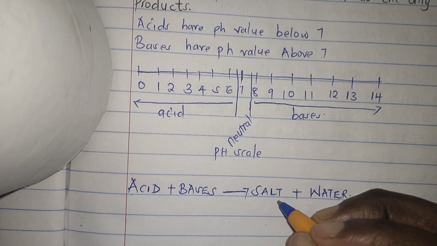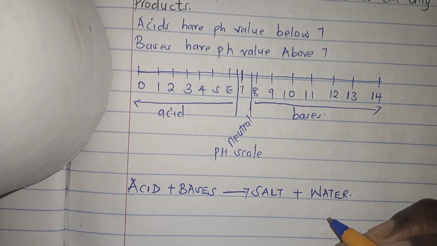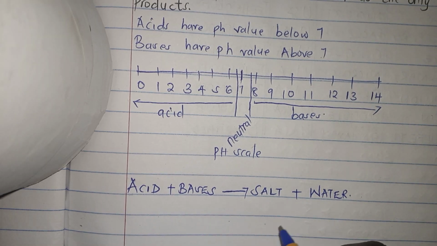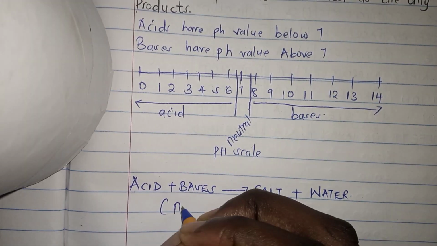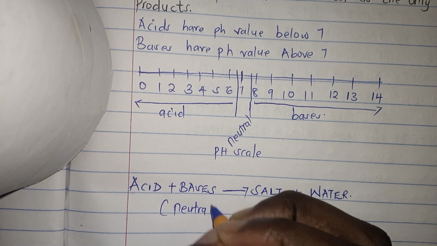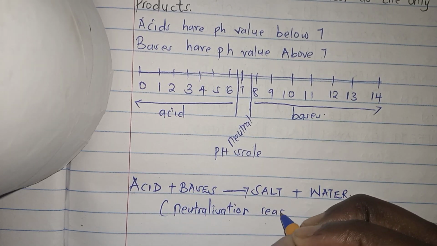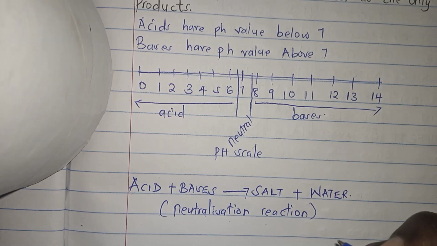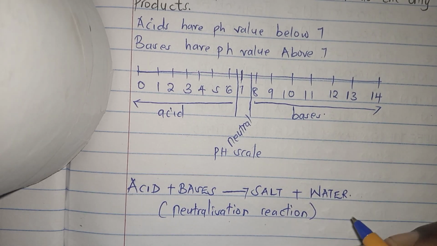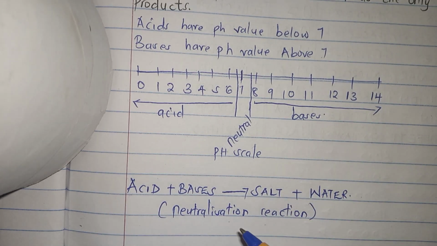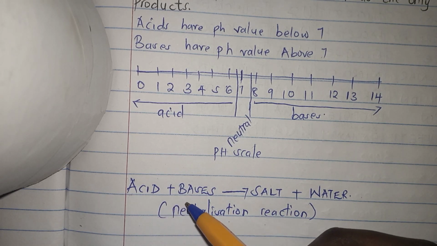A salt and water are neutral products, hence the reaction is referred to as a neutralization reaction. Salt and water are the only products that are formed when an acid reacts with a base.